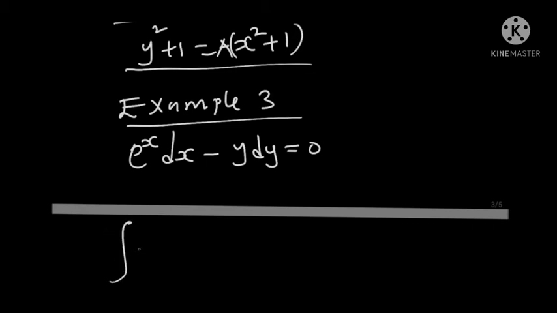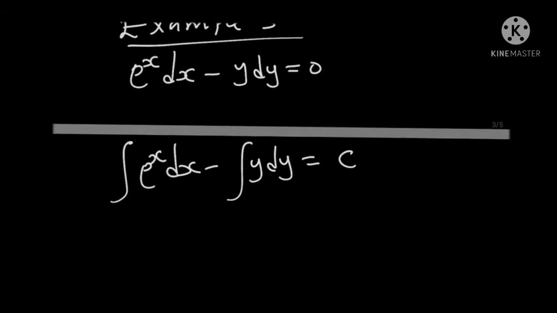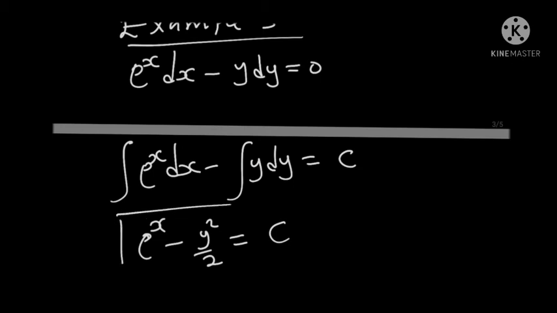Therefore, we have the integral of exponential to the x dx minus the integral of y dy equals to the constant of integration. Now, when we integrate exponential to the x, we simply get exponential to the x, minus, when we integrate y, we get y squared over 2 equals to c. This is the required general solution.